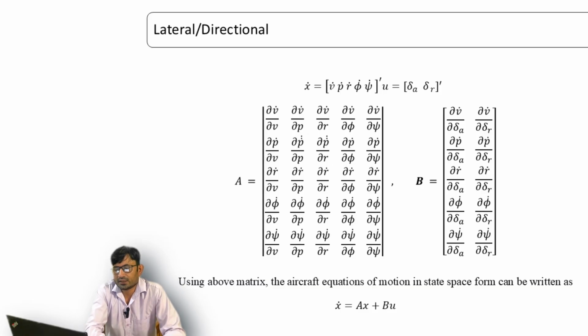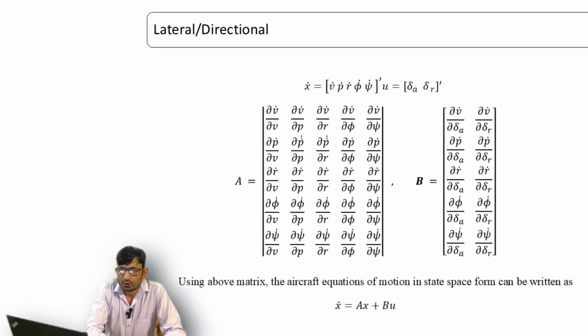Like that, the last is psi dot, which you differentiate with respect to all the state variables V, P, R, phi, and psi, and then you will have the matrix. Similarly, if you differentiate V dot, P dot, R dot, phi dot, psi dot with respect to the aileron input delta A and the rudder input delta R, you will get the control matrix B.